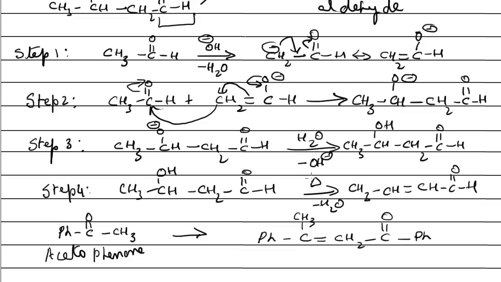One doesn't even have to heat it. You cannot stop this reaction at the aldol stage, mainly because this double bond is in conjugation with the double bond of the phenyl ring as well. So this makes this reaction happen in one go. You start from here and you end up reaching the last point, the alpha beta unsaturated ketone in this particular case.